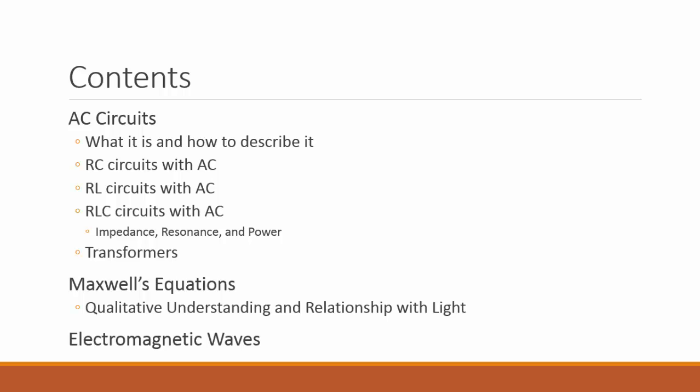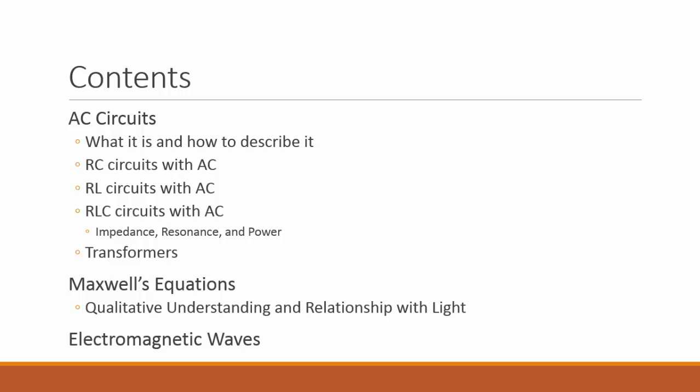That's an RLC circuit, which means a resistor, a capacitor, and an inductor, all hooked up in series with each other, and it is one of the most difficult circuits we will describe in this course. And there's some really interesting behavior.